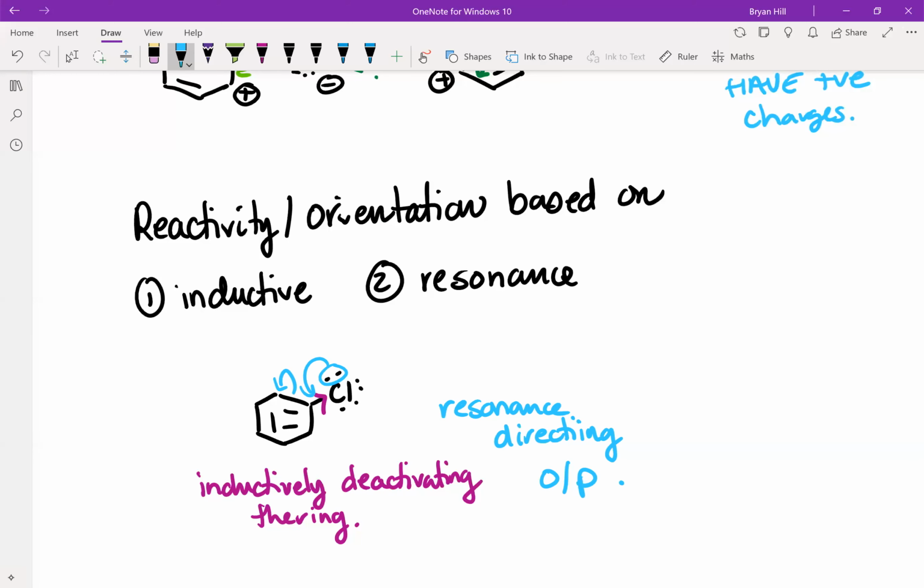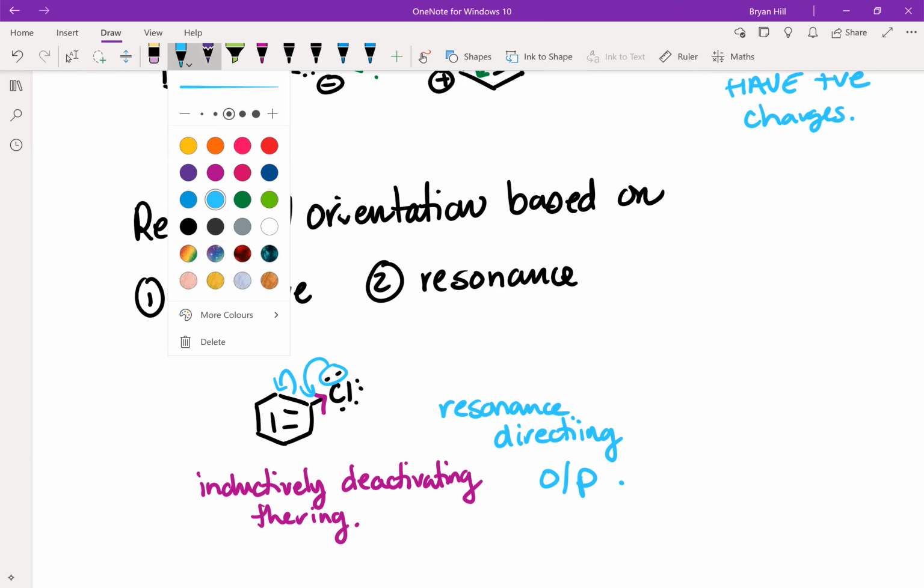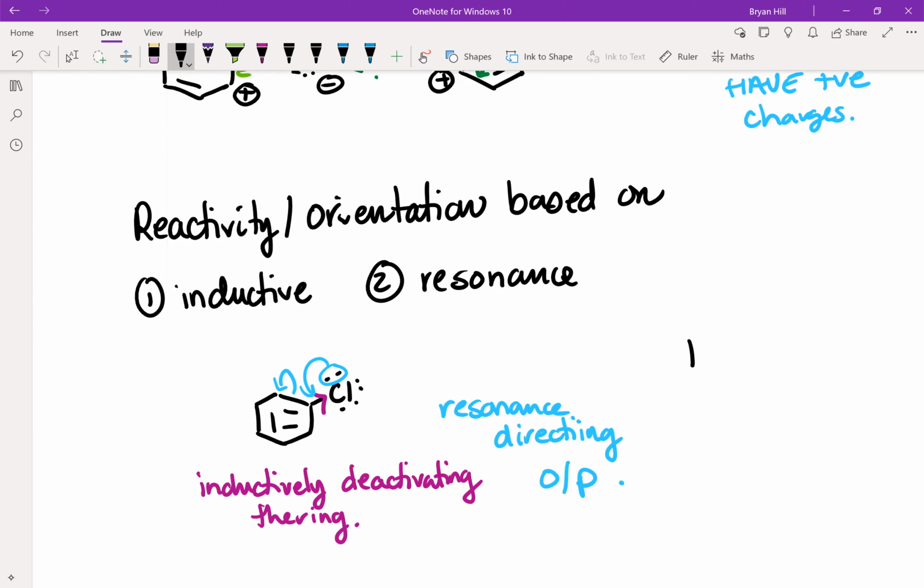And in some groups, they withdraw electron density through resonance and inductively, like the nitro group or the cyano group, if you think about the nitro group.